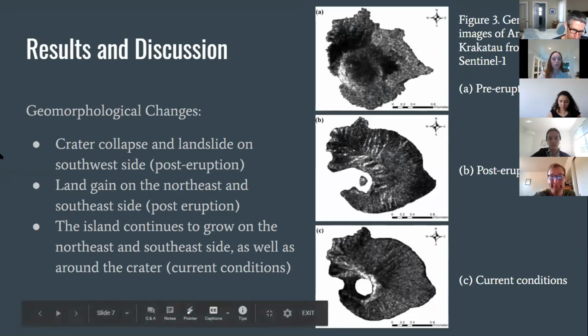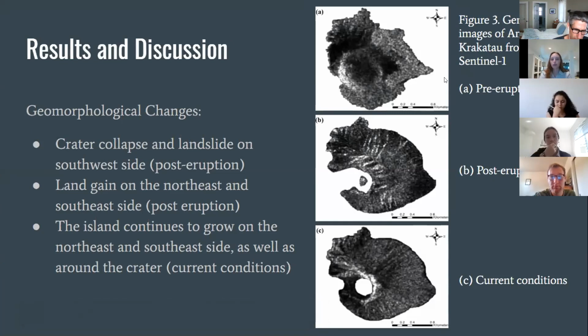So what they found, the first part of the results, were the major geomorphological changes. Figure 3B here is the post-eruption image, and it shows that the southwest side of the island collapsed. The crater collapsed, and this is where the landslide occurred.